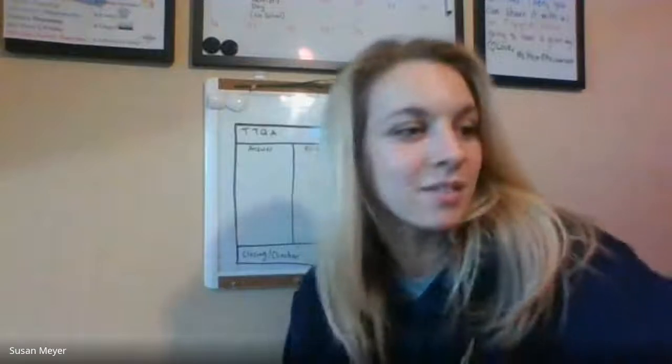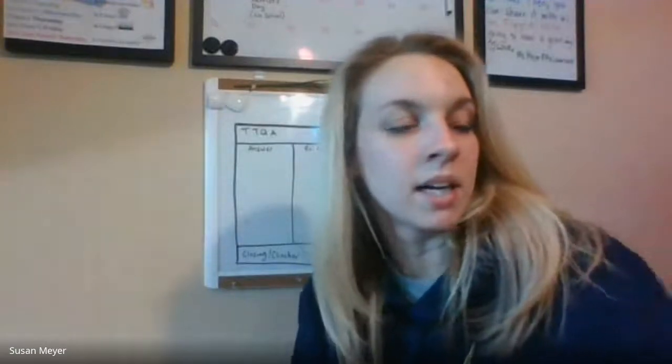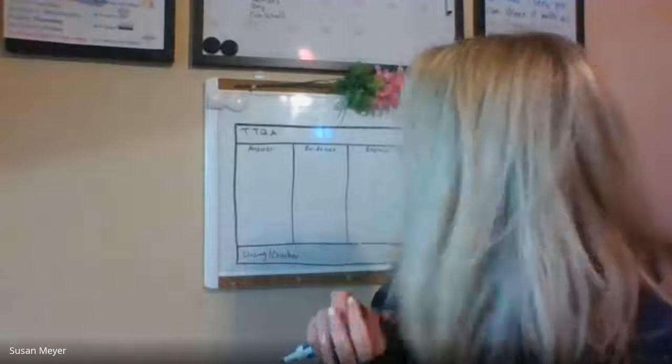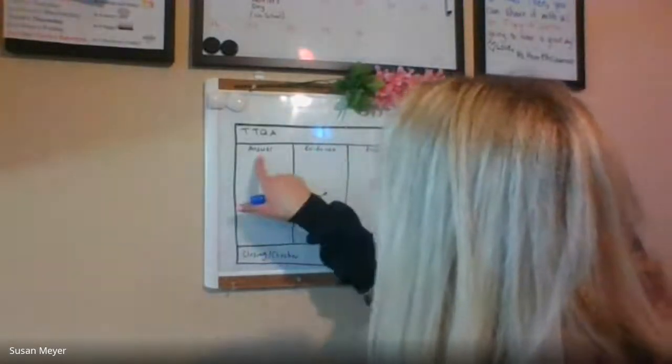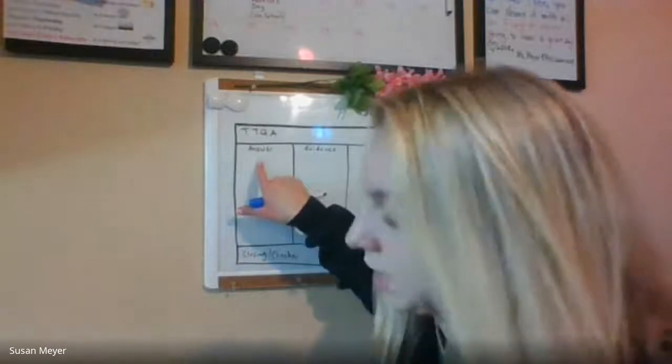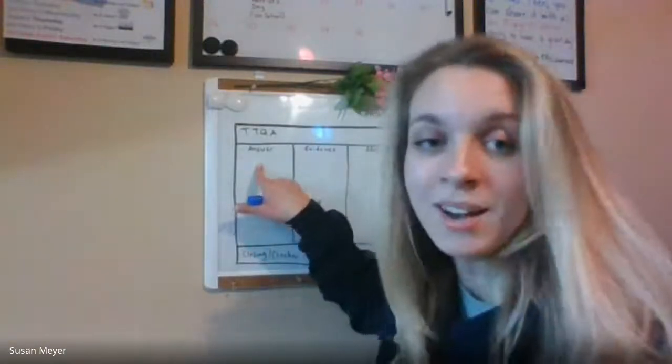Since it is a short response, we're just doing one paragraph. We want to remember our keywords. So your TTQA goes here. Answer. Since there's only one, we can just write another lesson or a lesson.